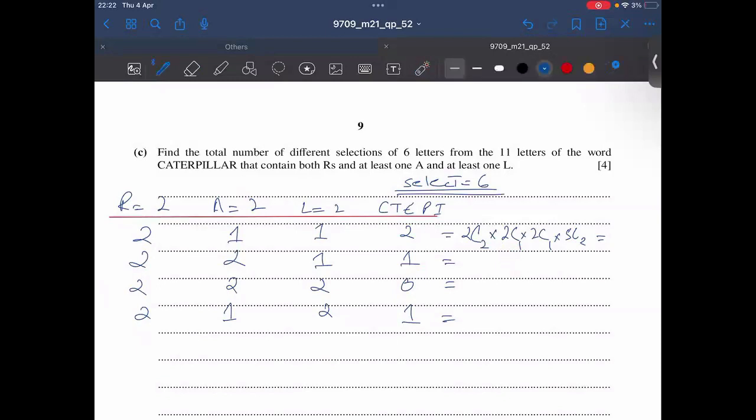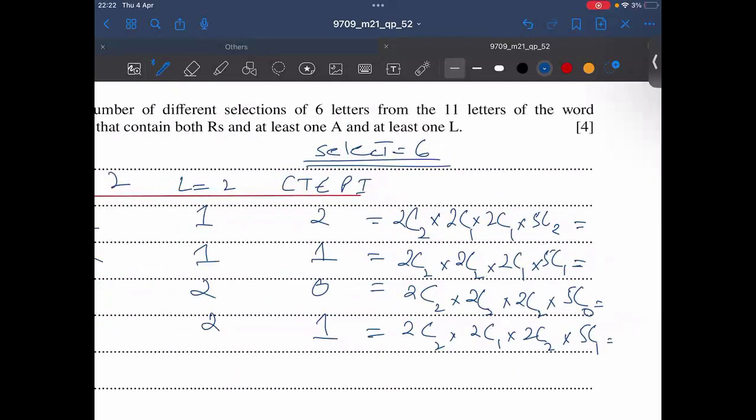Let's see what happens next. 2C2, 2C2, 2C1, 5C1, and 2C2, 2C2, 2C2, two out of two, two out of two, two out of two, and 5C0, and 2C2, 2C1, 2C2, 5C1. 5C2 is how much? 5 fours are 20 over 2, 10. 10 into 2, 20 into 2, 40.